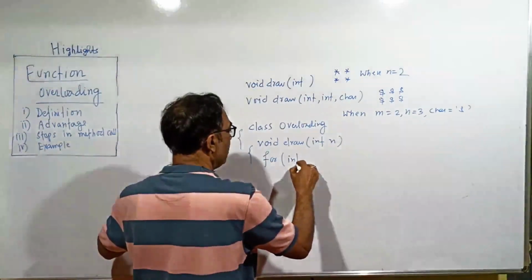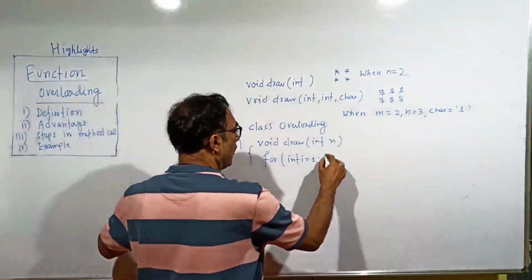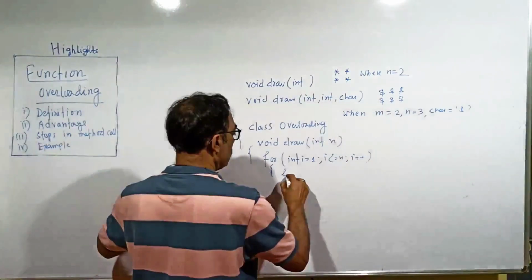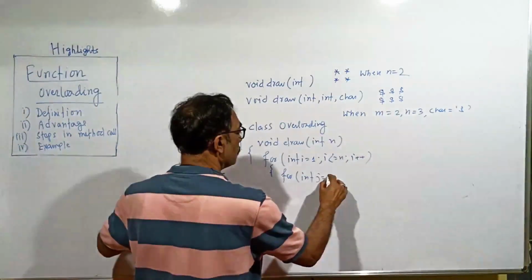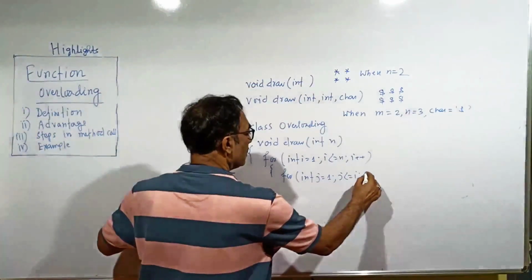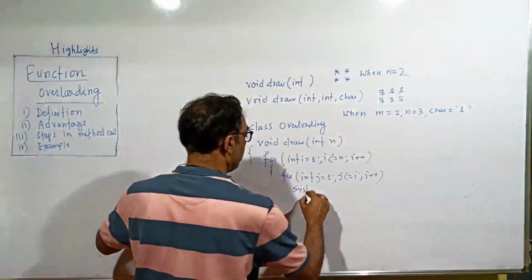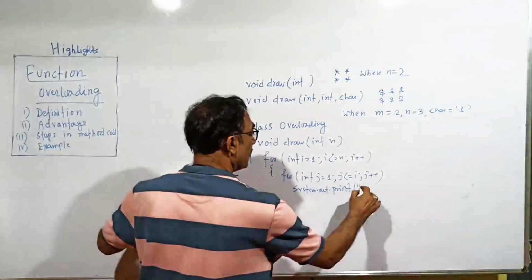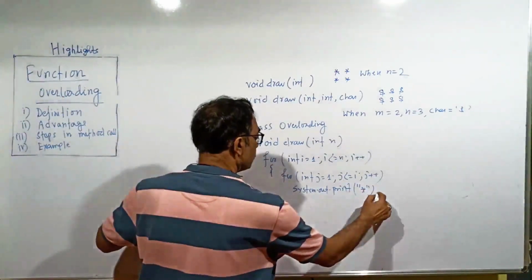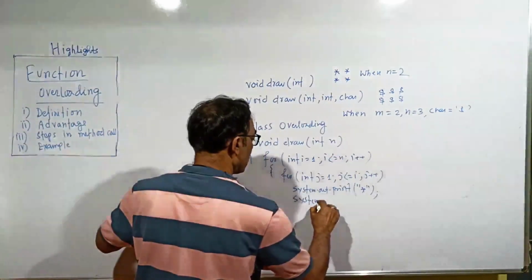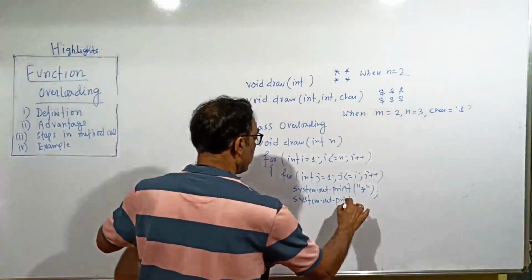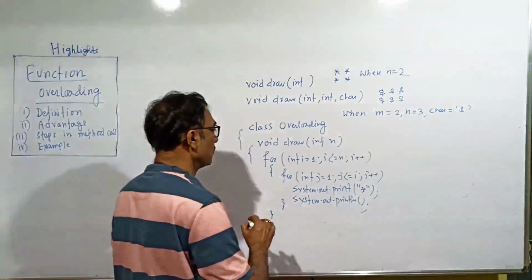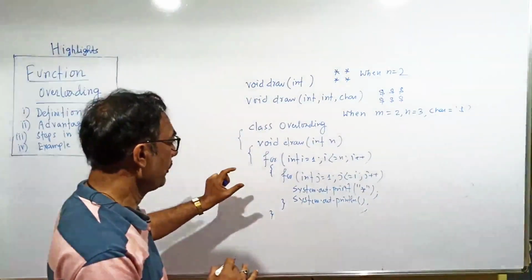For int i equals 1, i less than equals n, i plus plus, for int j equals 1, j less than equals i, j plus plus, System.out.print will give here star, then System.out.println, then bracket over and method over. So this is the void draw method.